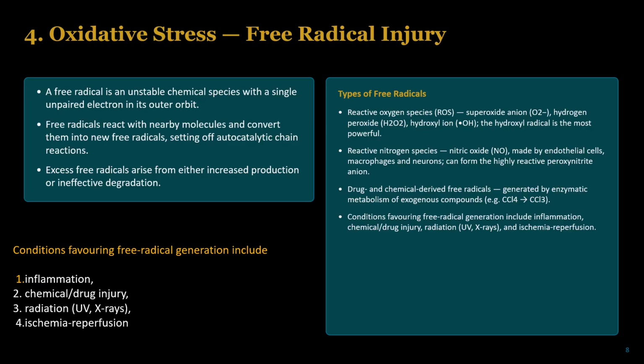Conditions favoring free radical generation include inflammation, some of the processes we've spoken about here. Knowing the definition of free radicals, the conditions that favor their production, and the different types is very high yield for the exam. The different types are reactive oxygen species, reactive nitrogen species, and drug and chemical-derived free radicals.